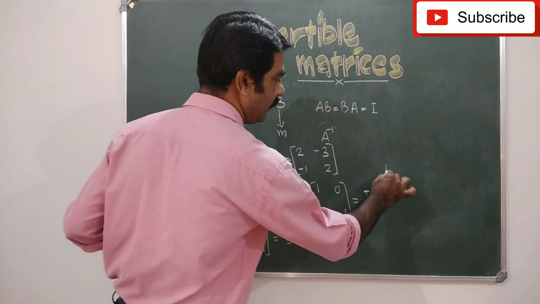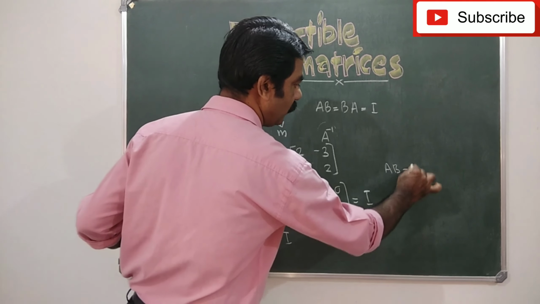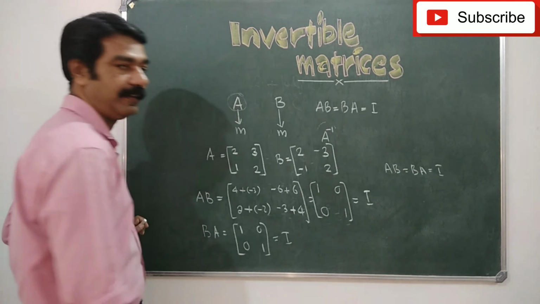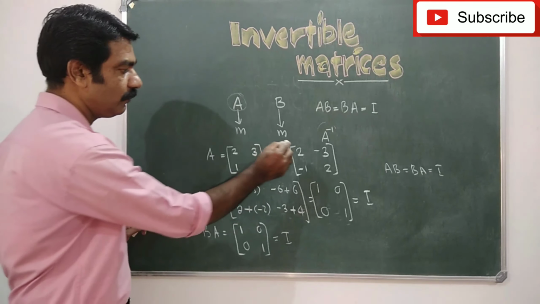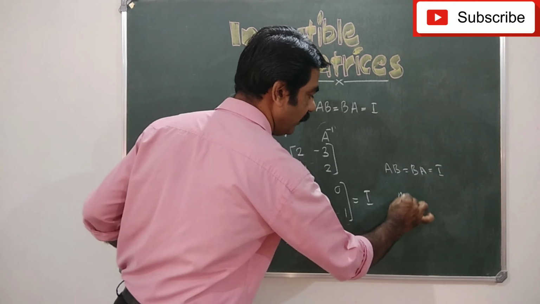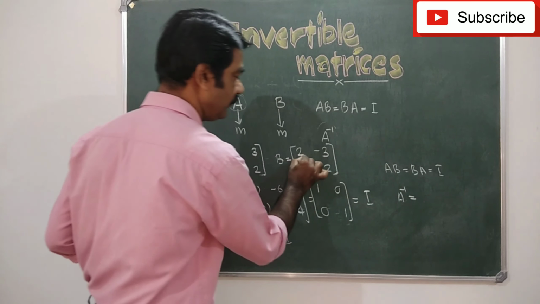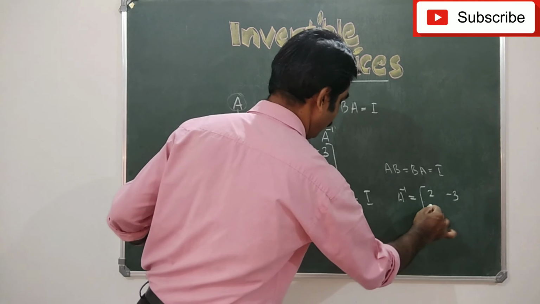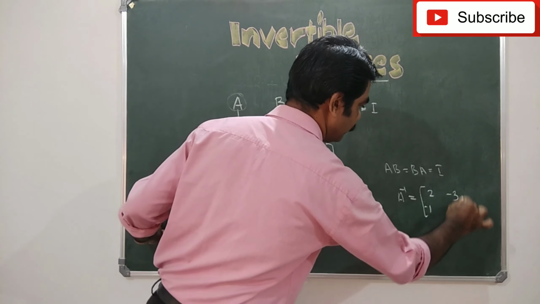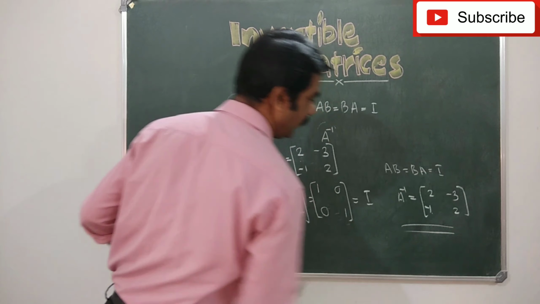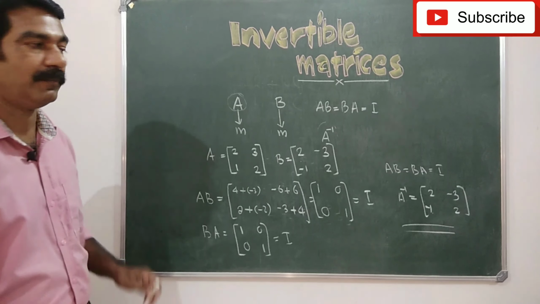In this example, AB is equal to BA is equal to I, an identity matrix. So this matrix B is the inverse of A. We can write now A inverse is B, this matrix 2, minus 3, minus 1, 2, the inverse of A.